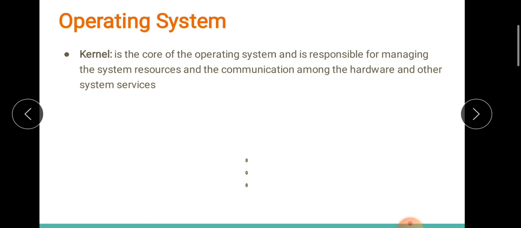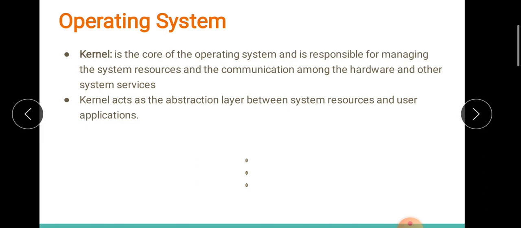A kernel is the main part of an operating system, or the core of an operating system, and it is the kernel that manages the system resources as well as ensures the communication between the hardware and other system services. Now basically the kernel is nothing but a set of library functions and services.